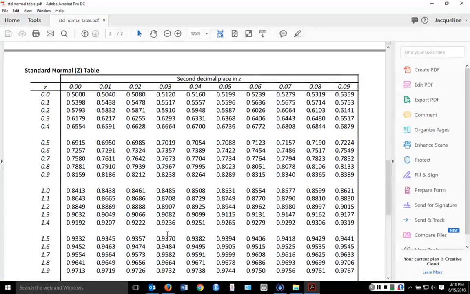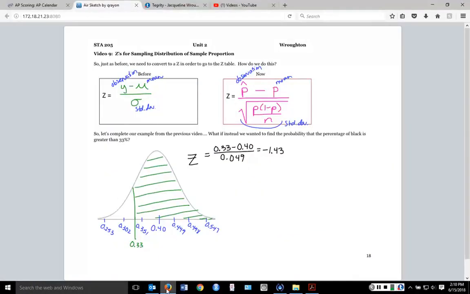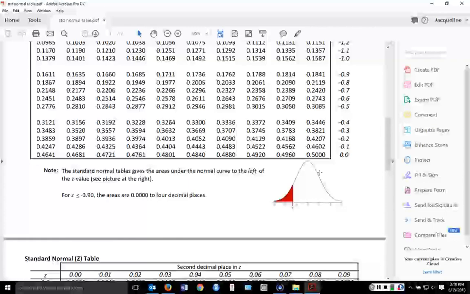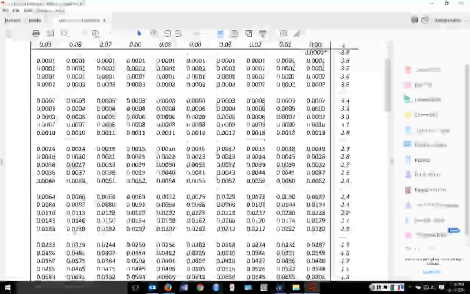So we're going to have to use that as we go a little bit further. But let's first just take our negative 1.43 to our table. The negative 1.4 tells us which row to go to in the table. And our second decimal point, our 3, tells us which column to go to in the table. So I'm going to first make sure I'm on the negative page.